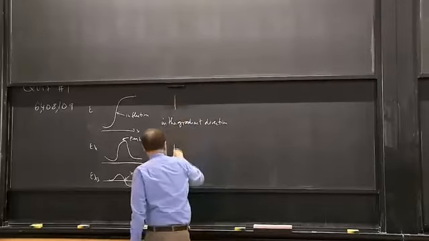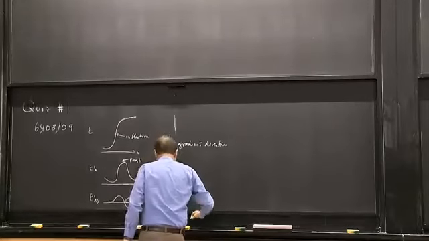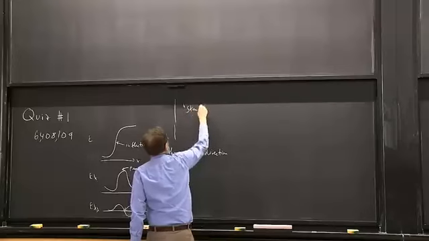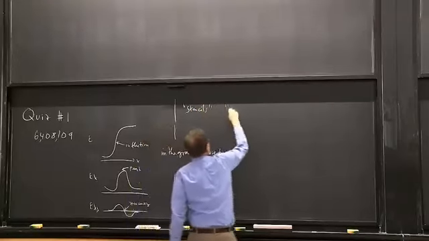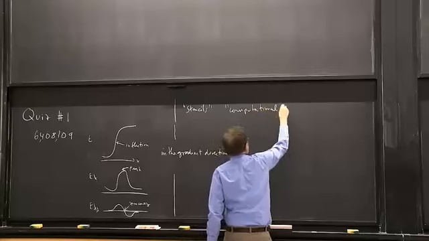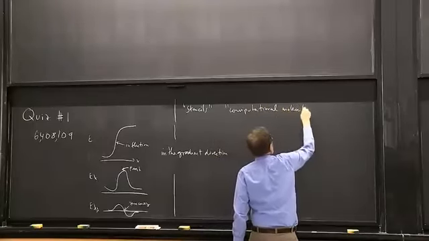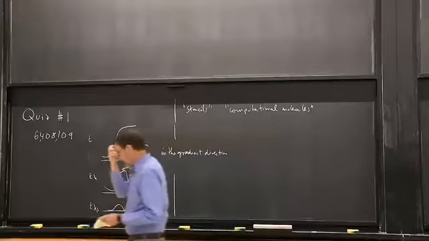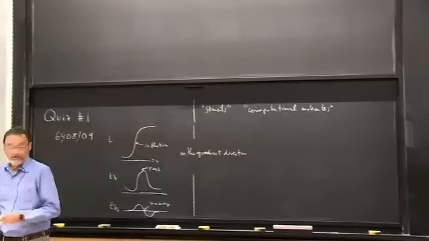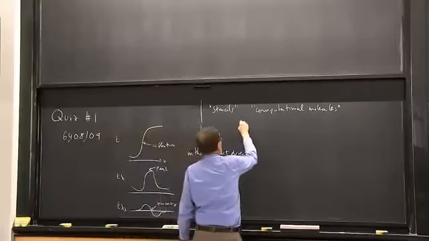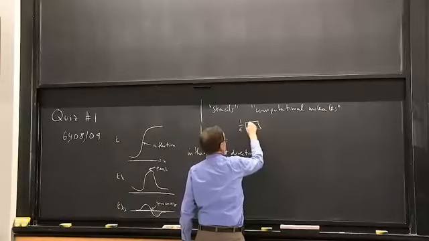OK, then we talked a little bit about things that are sometimes called stencils and sometimes called computational molecules. And what we're trying to do is, in the discrete world, we're trying to estimate derivatives. And so, of course, there are some obvious ones.